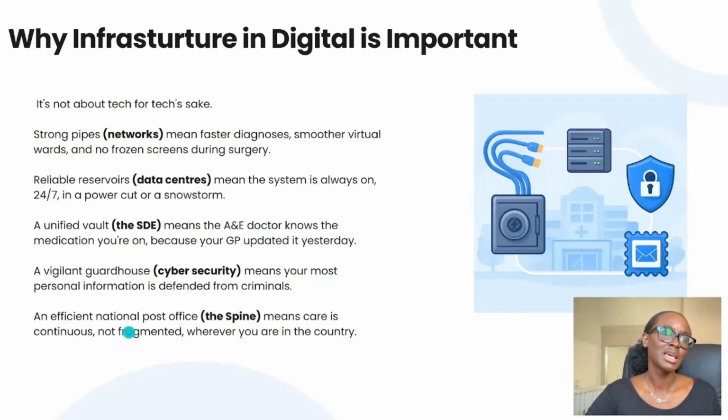And finally, an efficient national post office, the spine, means that care is continuous and not fragmented wherever you are in the country. We can find your information, we can find your data, and we can send that data to you correctly. That is the key importance of having infrastructure.